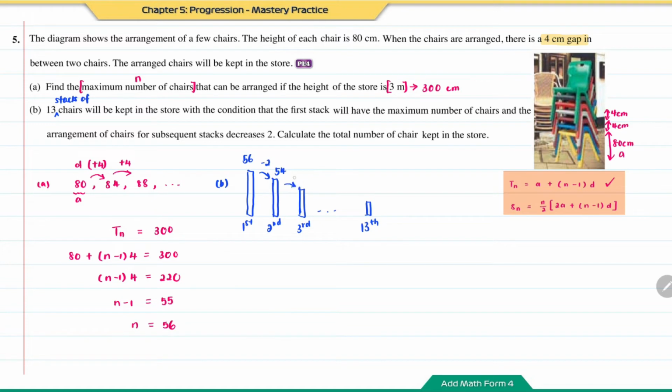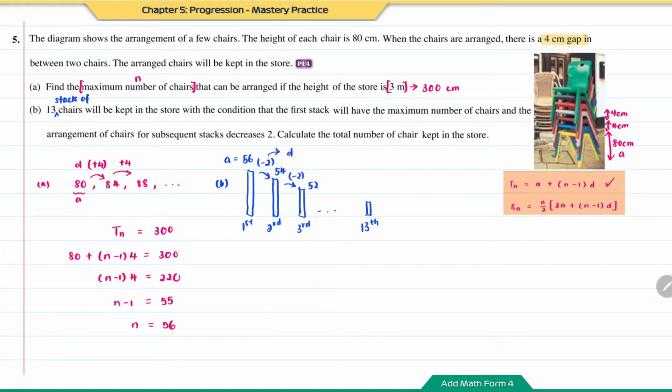And for the third stack, after decreasing by another 2, we're going to have 52. So this is also going to form an arithmetic progression with a of 56 and d of -2.